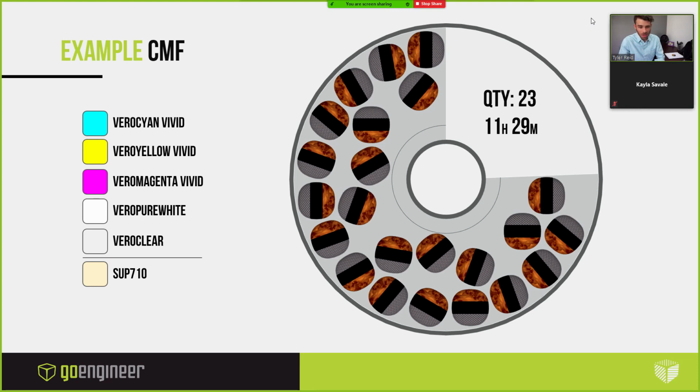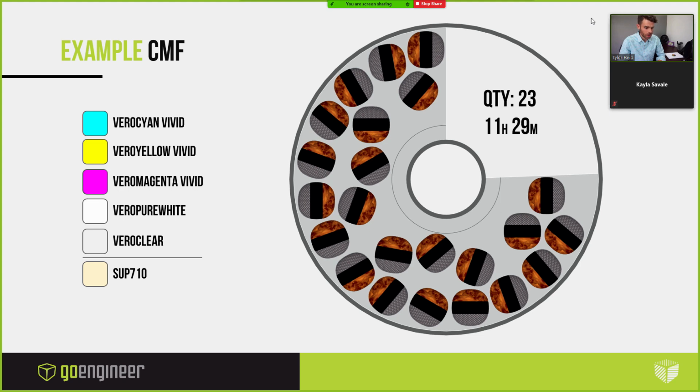Now, I haven't talked about it yet, but this is probably a good slide to introduce the circular build tray. This is something that is so different about this machine. If you're familiar with 3D printing or 3D CAD in general, typically we think in X, Y, and Z, linear space.